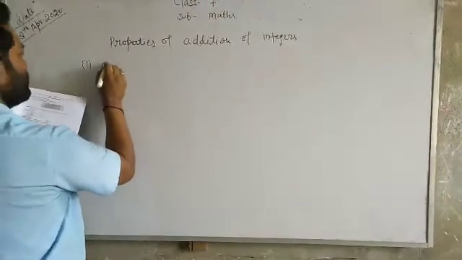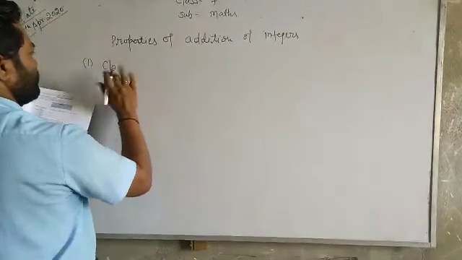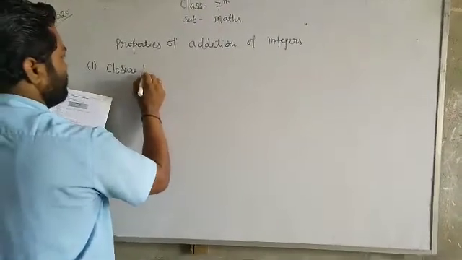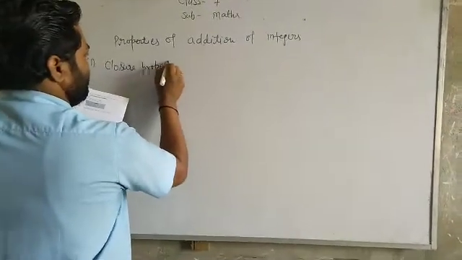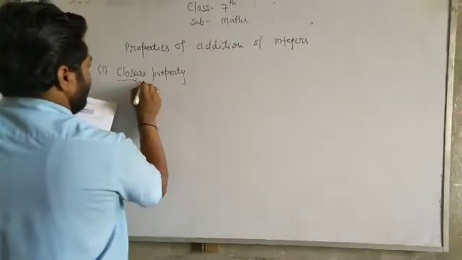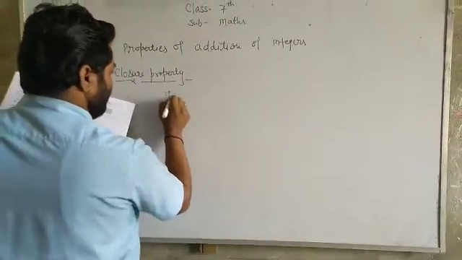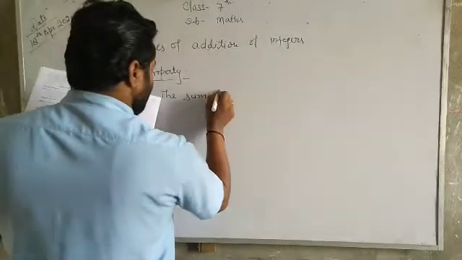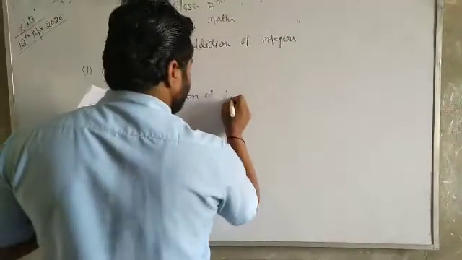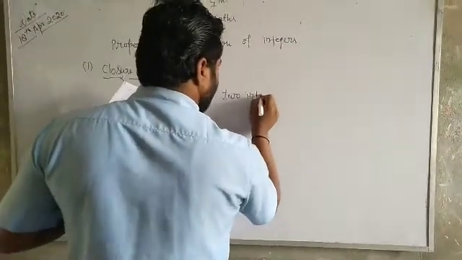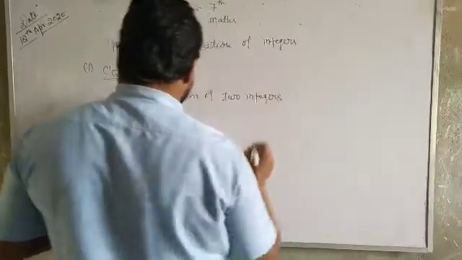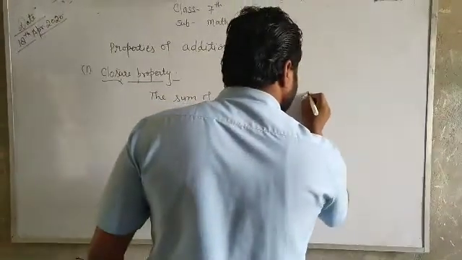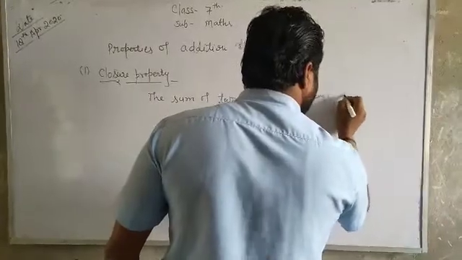First, closure property. In closure property, the sum of two integers is always an integer.